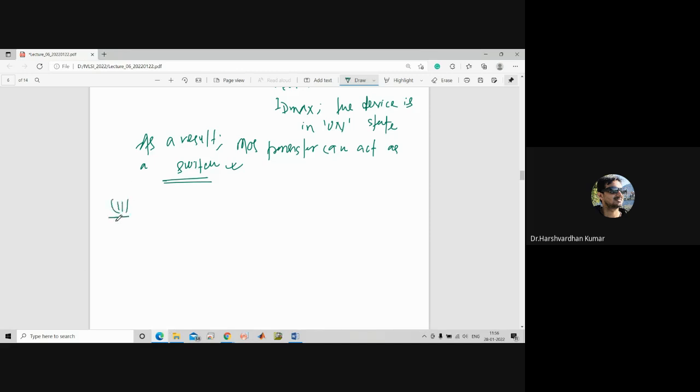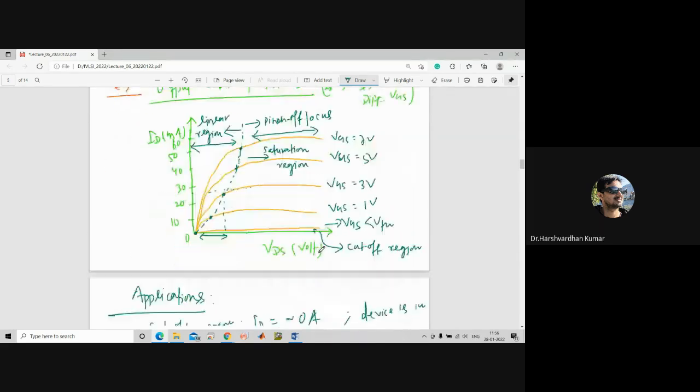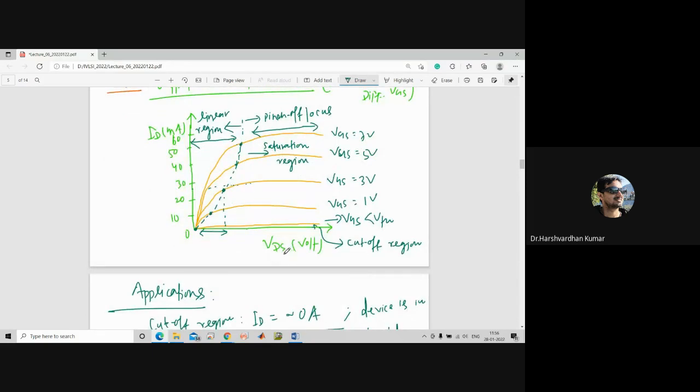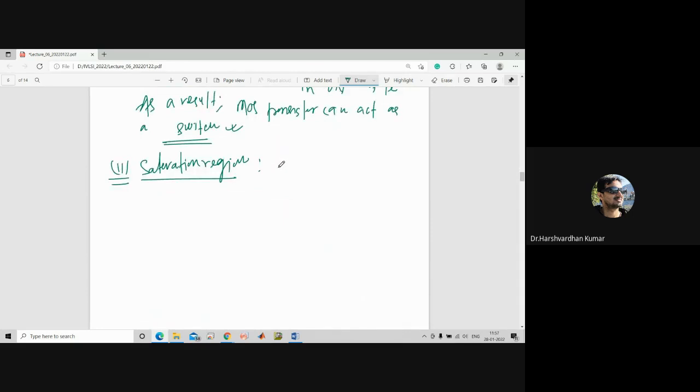Second point, we will talk about the saturation region. In the saturation or active region, you can also observe that in addition to the maximum current, with respect to VDS, that is the drain to source voltage, you are getting a constant current, right? Constant drain current. So what will happen here?